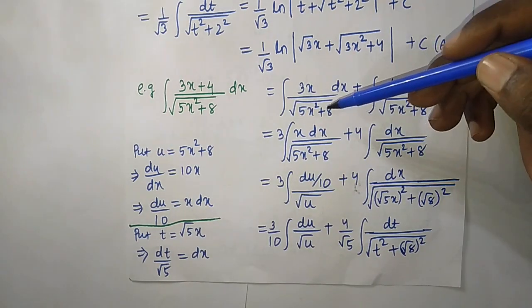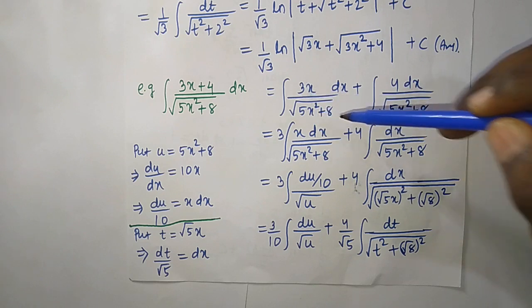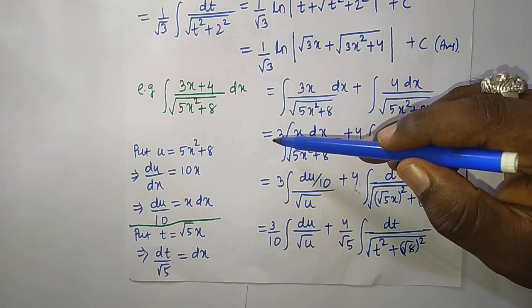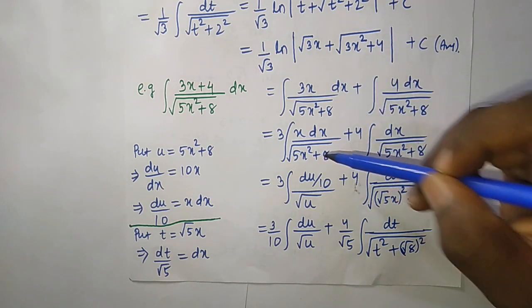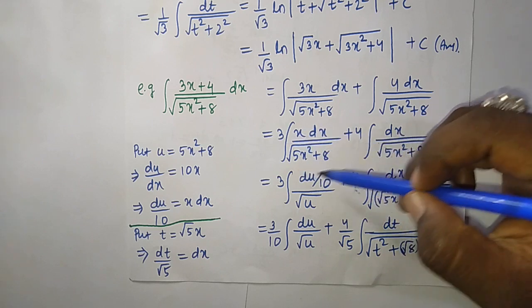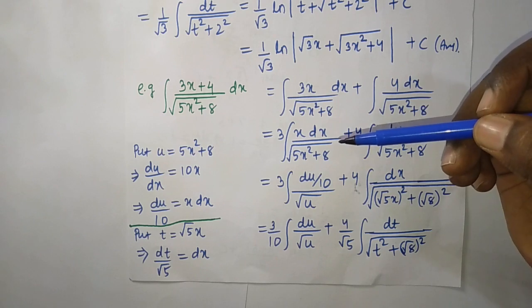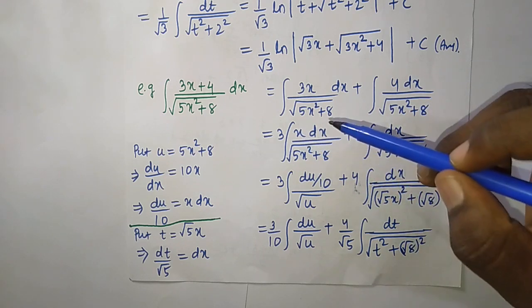First you see here you have got integration of 3x by root over 5x square plus 8. Here 3 is a constant term, you can take 3 to the outside. Similarly, you can take the 4 term to the outside. Now this form we can solve by the substitution method.